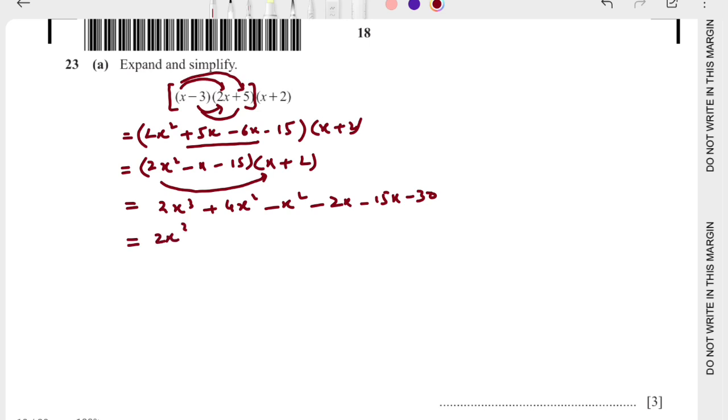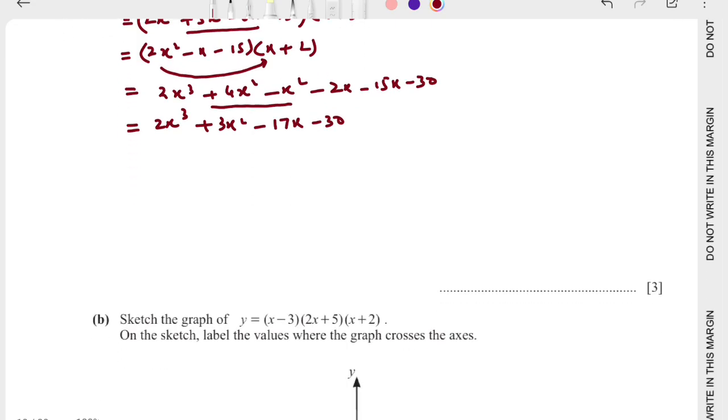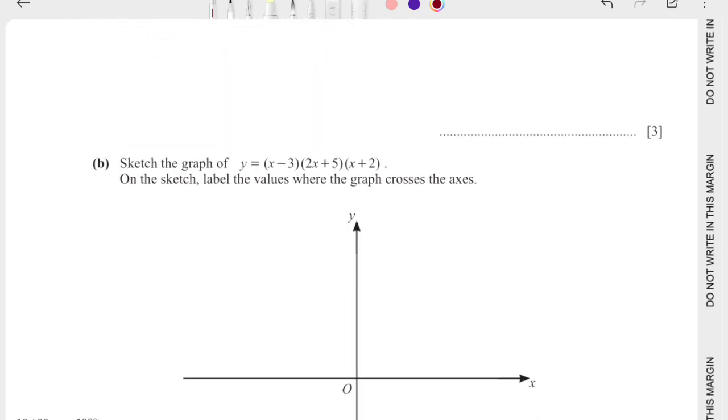We have to combine the like terms. So 4x² − x² is equal to +3x², then −17x − 30 would be your final answer. 2x³ + 3x² − 17x − 30 is the final answer.